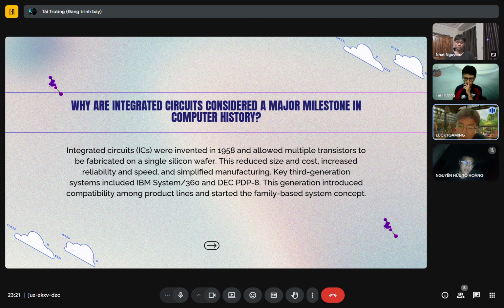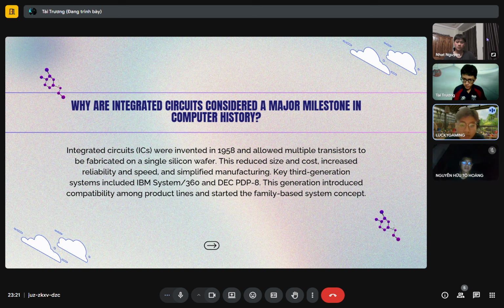The third generation systems include the IBM System/360 and DEC PDP-8. This generation introduced compatibility among product lines and started the family-based system concept.